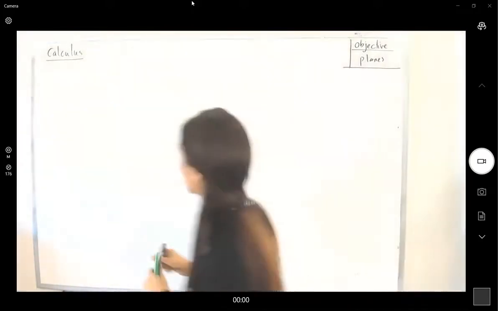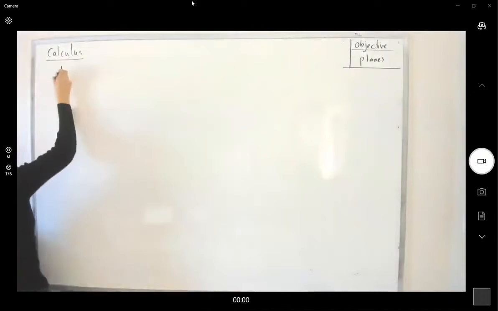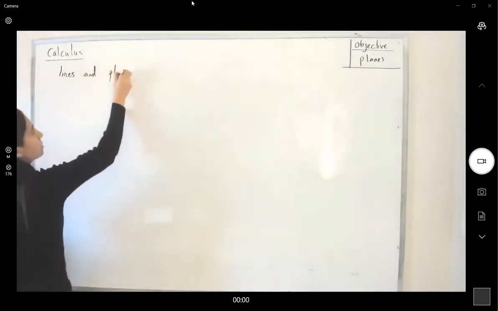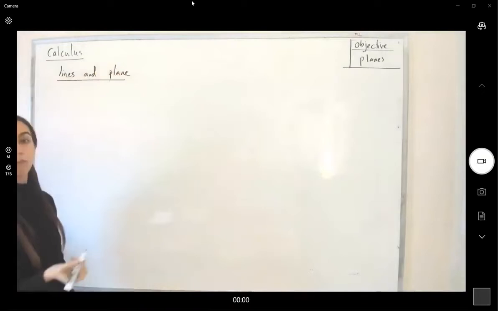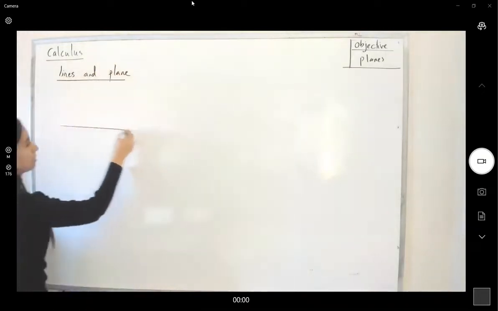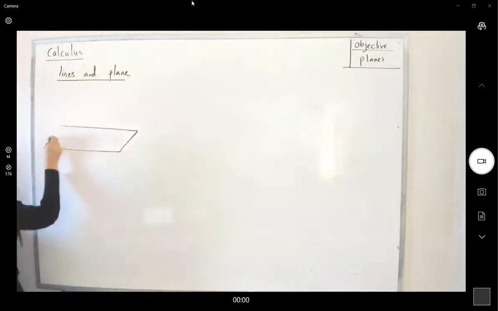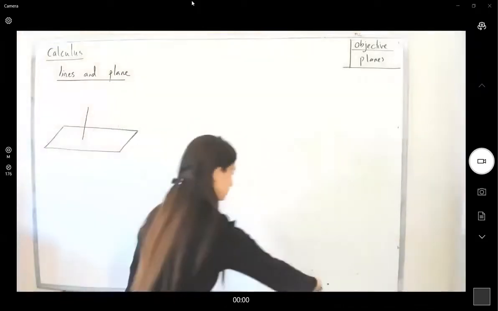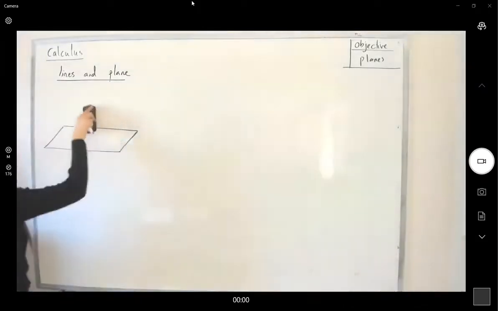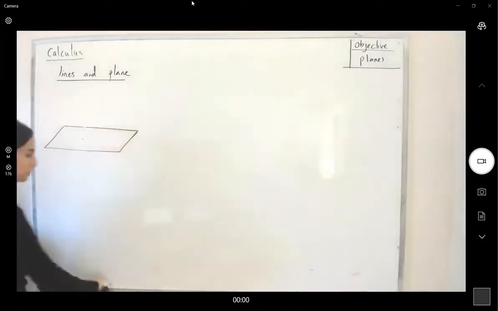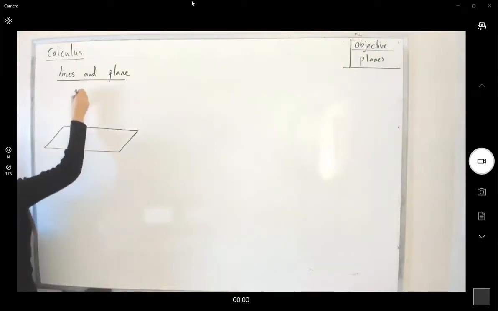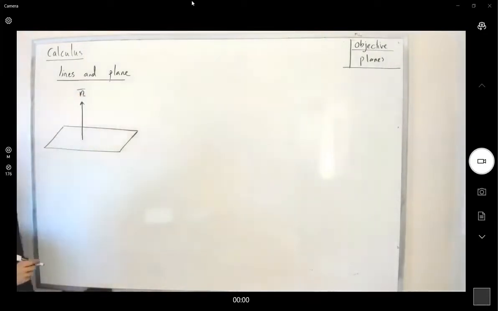So when it comes to lines and planes, they have the following. You either have a plane here with normal vector n. So remember that when you have a plane, you need to identify that plane by its normal vector. It must have a normal vector.